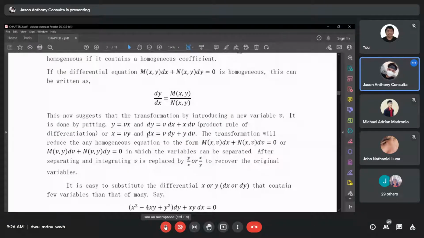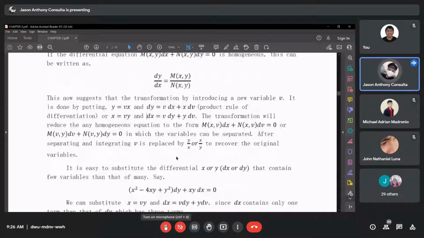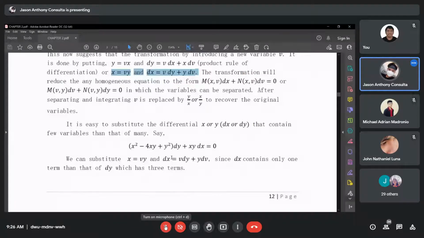Kung alin yung mas simple, mas kaunti yung variable, i-examine niyo yung problem. Alin ba yung mas kaunti yung variable, dy terms ba or dx term? Kung dy terms, y yung gagamitin. Kung dx term yung mas simple, x yung gagamitin.